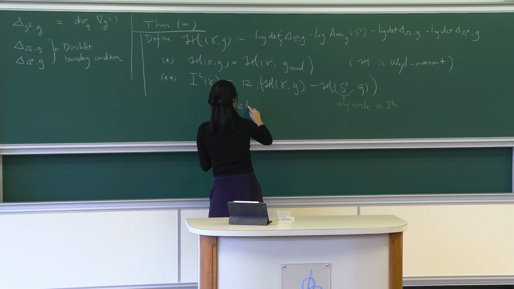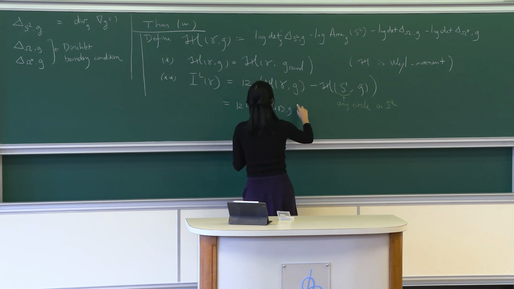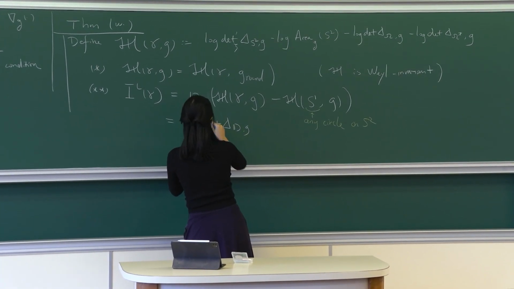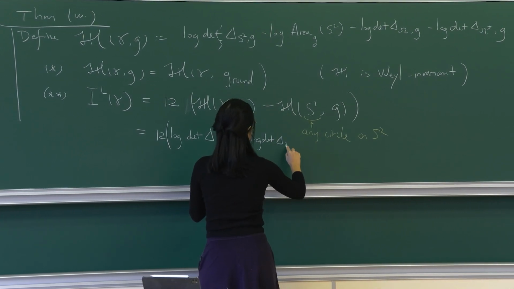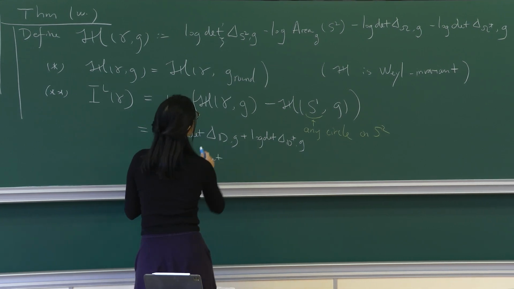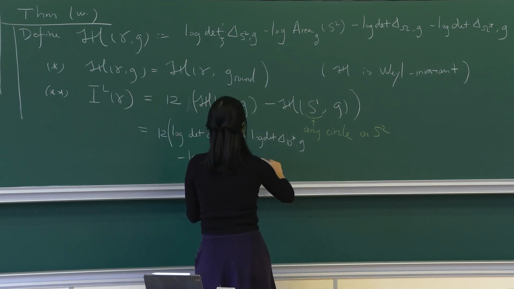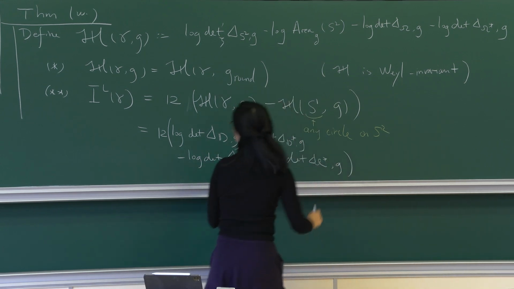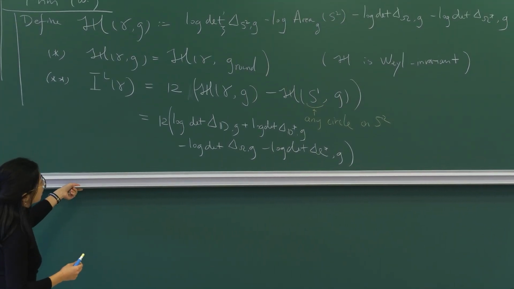So it will be 12 times log determinant of the Laplacian of the disk, plus log determinant of the Laplacian of D star, g, minus log determinant of the Laplacian of omega, g, minus log determinant of the Laplacian of omega star, g.